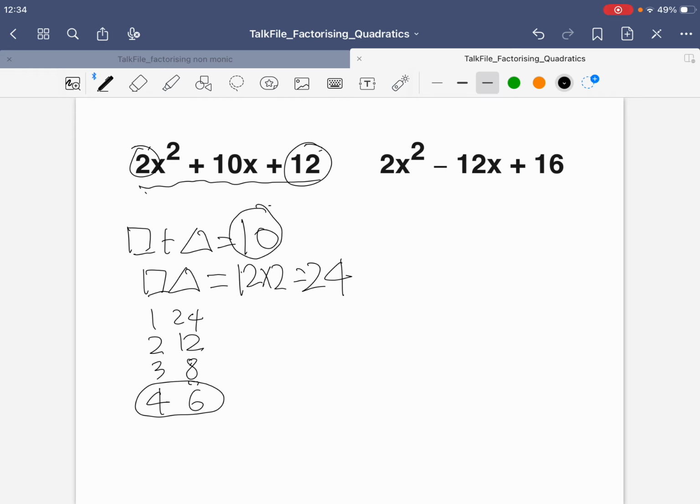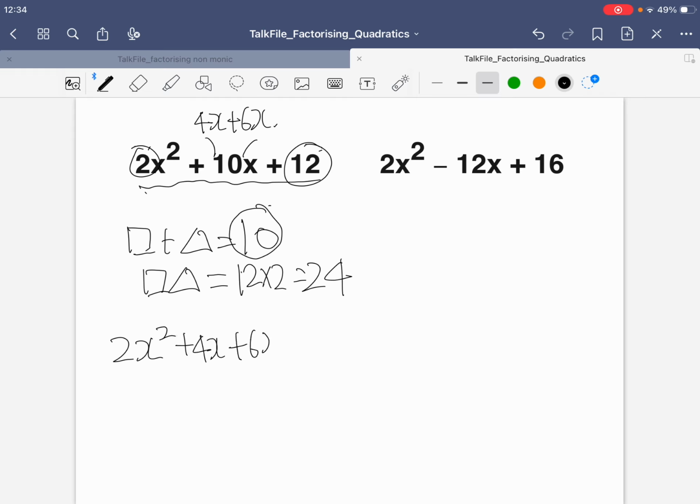And then okay, now this is it. We found a pair of numbers, and then we split this one into 4x plus 6x. Then the expression will look like 2x squared plus 4x plus 6x plus 12. Oh, sorry, yeah, this is 12. And take out the common factors, 2x plus 6 in this case, x plus 2.